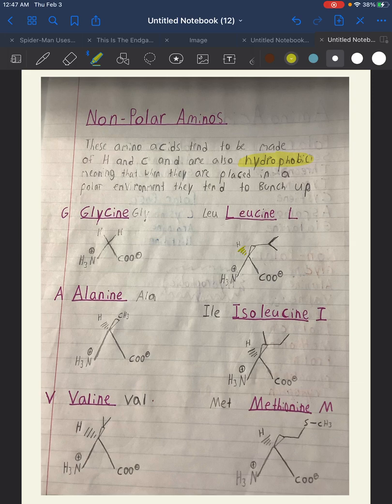Now, the one I think you really need to look at on here, and I recommend you memorize them all, but if you don't have the energy to memorize them all, do know that glycine is the only amino acid that is achiral. What does achiral mean? If you recall from Organic Chemistry 1, chirality basically leads to stereochemistry. All the other amino acids, as you can see on here, have what's called stereochemistry.